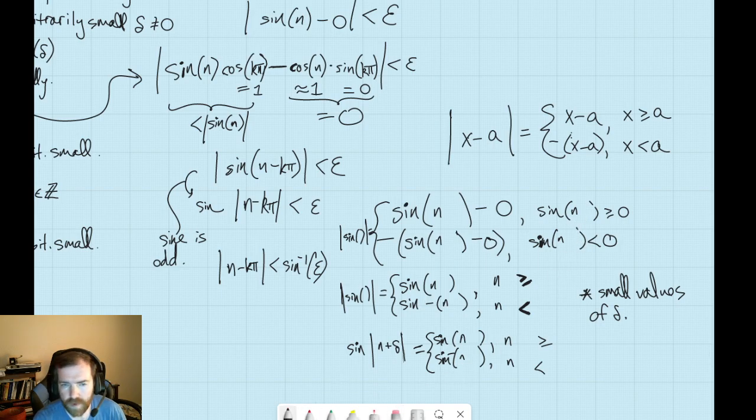Okay, so what we were doing was n minus k pi, and this was for our n minus k pi, the distance between these particular numbers.